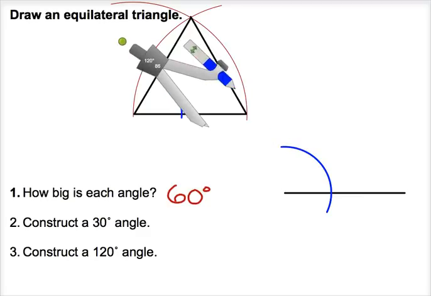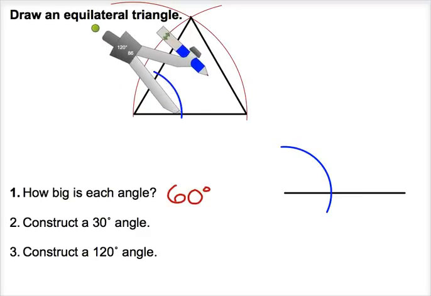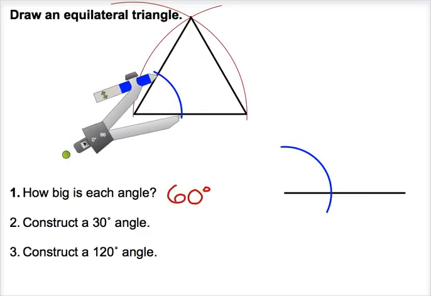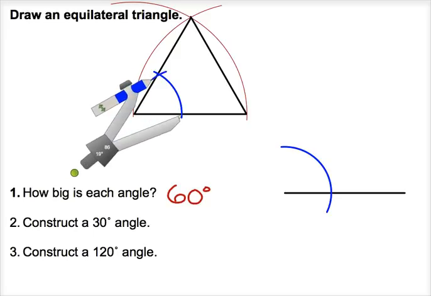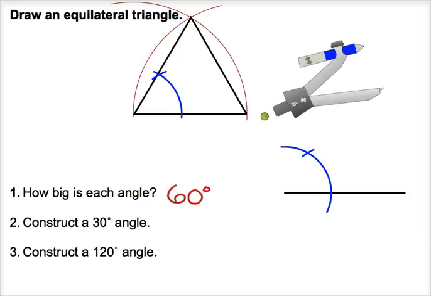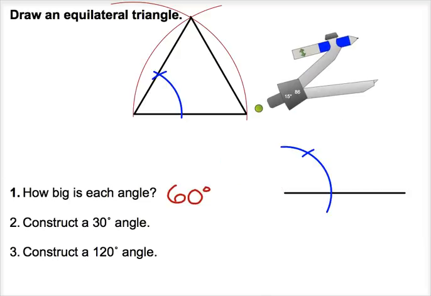And I just need to come back and measure how big this opening is. It happens to be about that big. So down here I can copy my opening. So here should be a 60-degree angle.